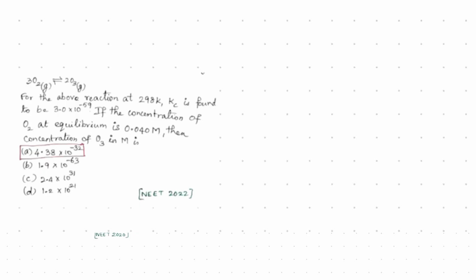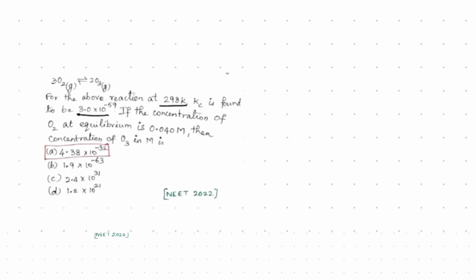A reaction is given. For the above reaction, look at the first question. Temperature is 298 Kelvin. Kc value is given. If the equilibrium concentration of oxygen, the reactant, is given, what is the equilibrium concentration of the product? This is a straightforward question. To answer this question, just write the expression for the equilibrium constant.